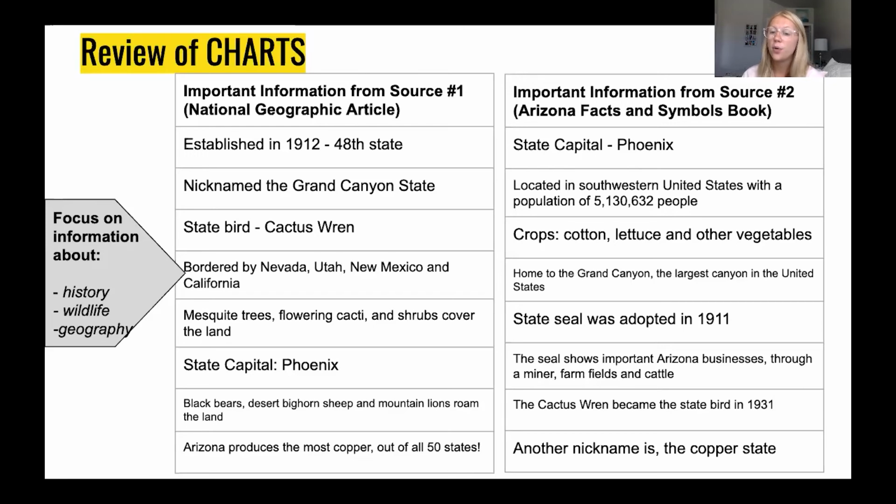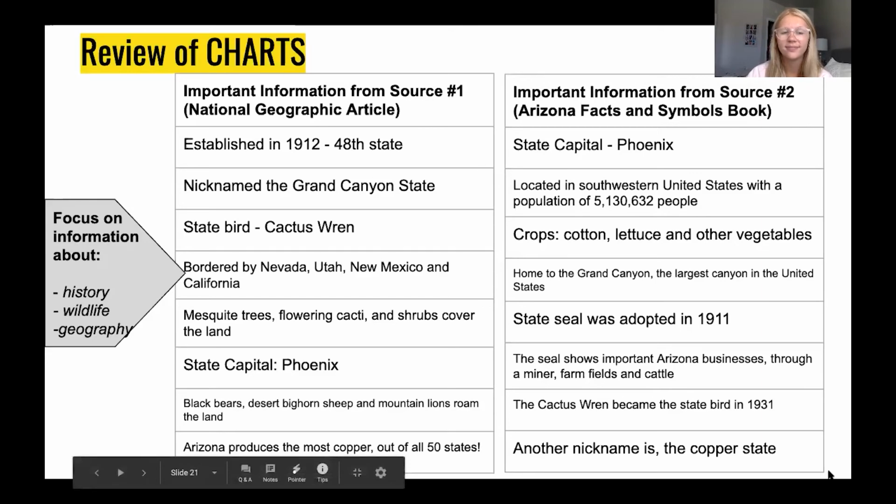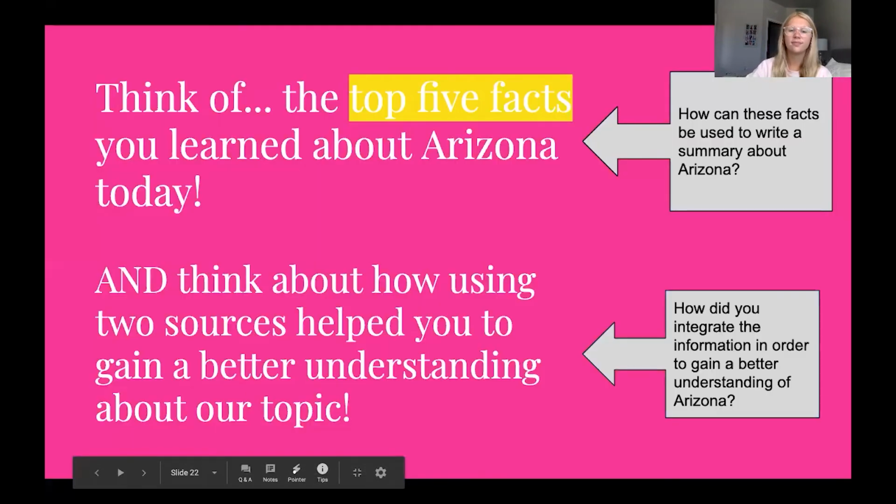The seal shows important Arizona businesses through a miner, farm fields, and cattle. The cactus wren became the state bird in 1931. And another nickname for the state is the Copper State, which we did not learn about in the article, which is pretty interesting.